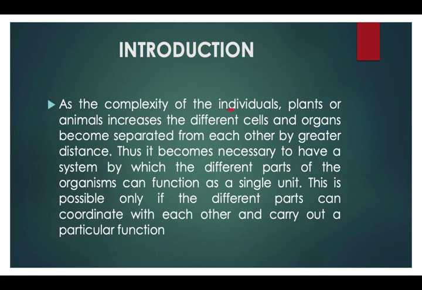As the complexity of the individuals, plants or animals increases, the different cells and organs become separated from each other by greater distance. Thus, it becomes necessary to have a system by which the different parts of the organisms can function as a single unit.